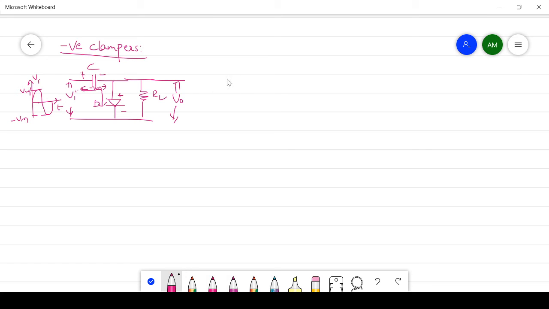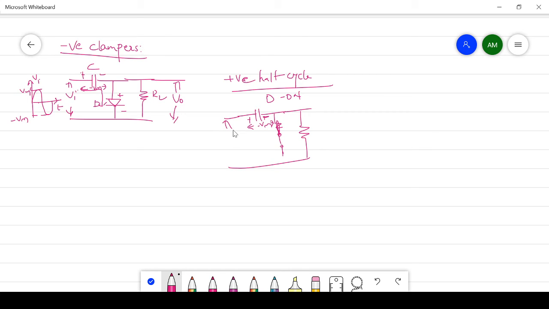Whenever we apply the positive half cycle, the diode is on, so it is conducting and the capacitor stores the charge, so it is a short circuit. It stores Vm, that is reverse charge minus Vm. So the output voltage is minus Vm volts.